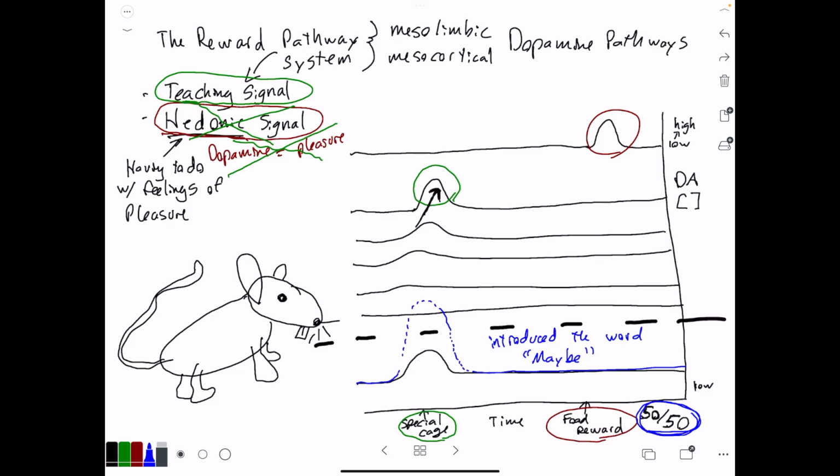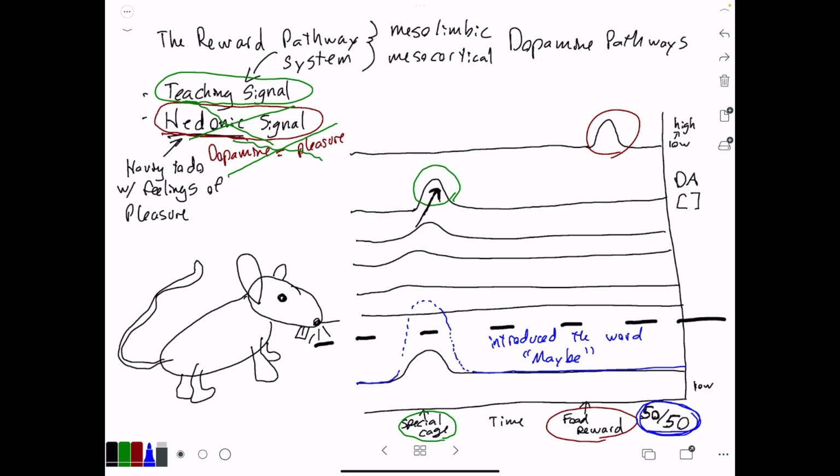And just this little anecdote here of the increased dopamine when you've introduced the word maybe, you might be able to start thinking about how people can become addicted to games of chance, because visiting the casino in Las Vegas and playing the slot machines is, in essence, this introduction of the word maybe, as in this experiment of giving a rat a 50% chance of getting a food reward, pulling the lever, and anticipating that reward, and not always getting it.